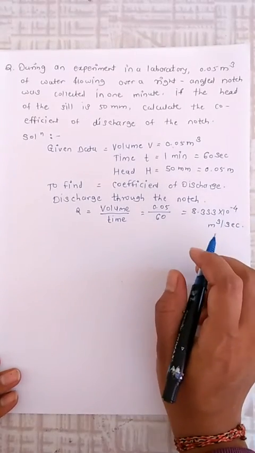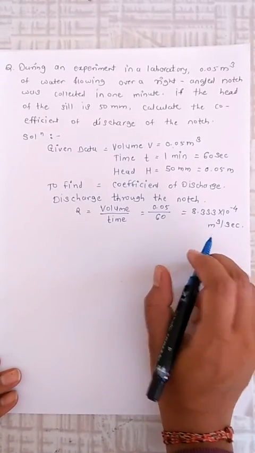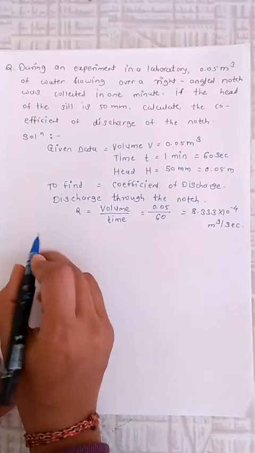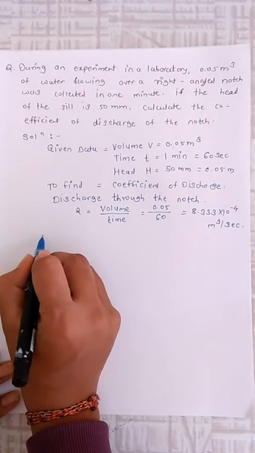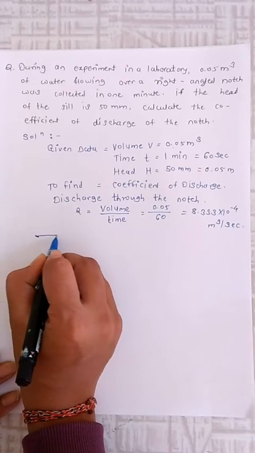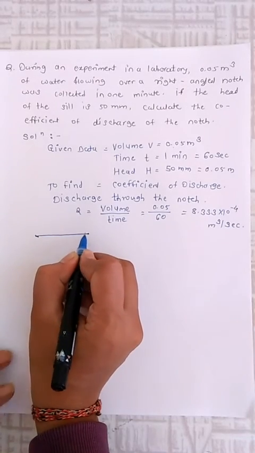Now for calculating the next terms, we have to draw one diagram. I will draw the diagram for the notch.